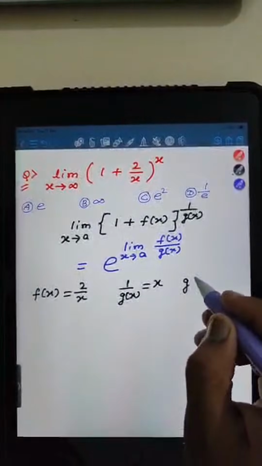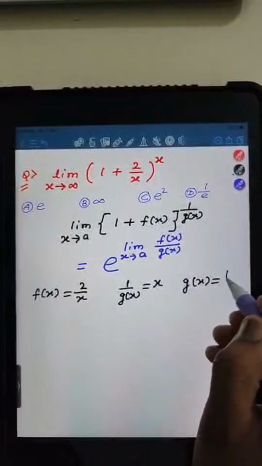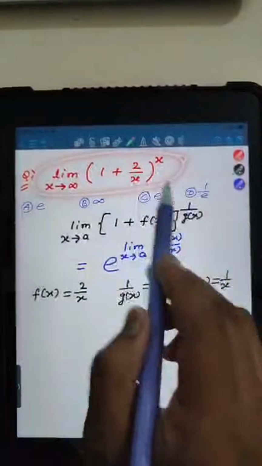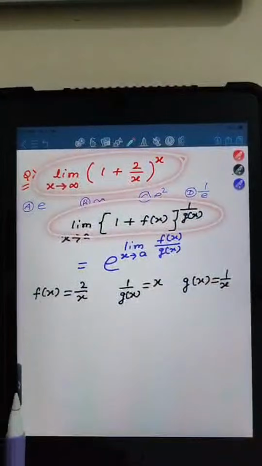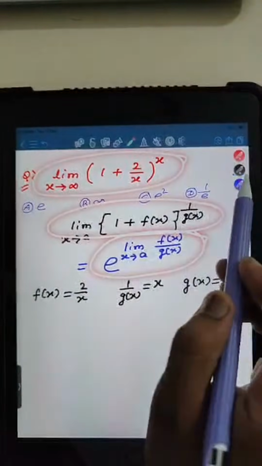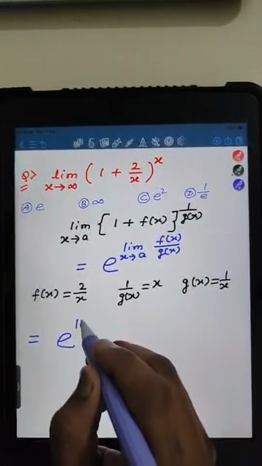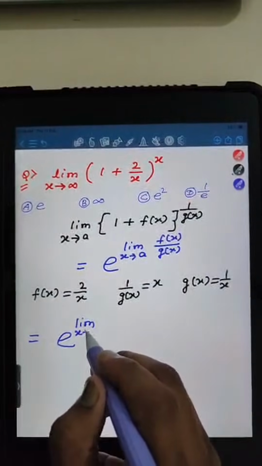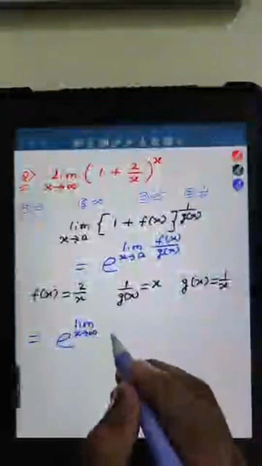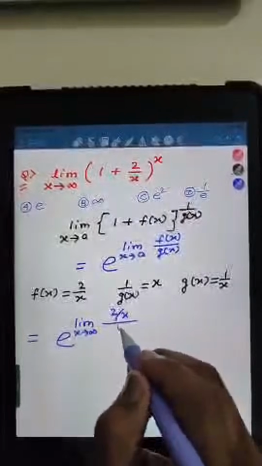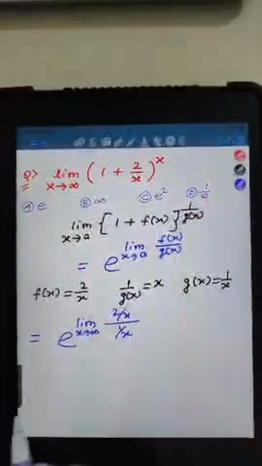So you can write g of x as 1 upon x, right? You just compare and use this property. The limit value will be e raised to the power limit x approaches infinity of fx by gx. Fx is 2 by x. Gx is 1 by x, right?